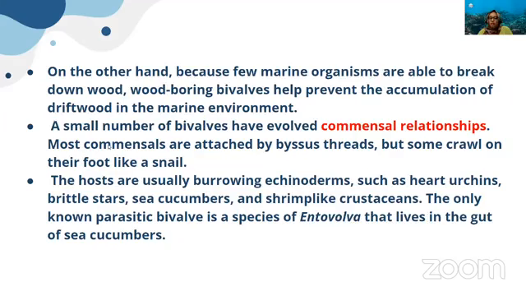A small number of bivalves have evolved commensal relationships. Most commensals are attached by byssus threads, but some crawl on their foot like a snail. The hosts are usually burrowing echinoderms, such as heart urchins, brittle stars, sea cucumbers, and shrimp-like crustaceans.